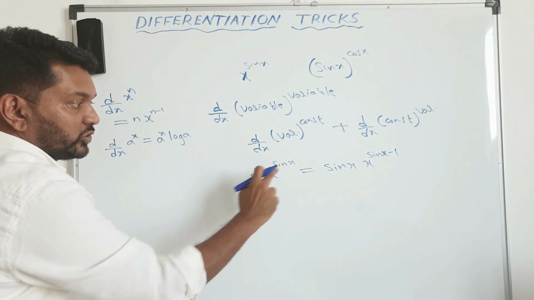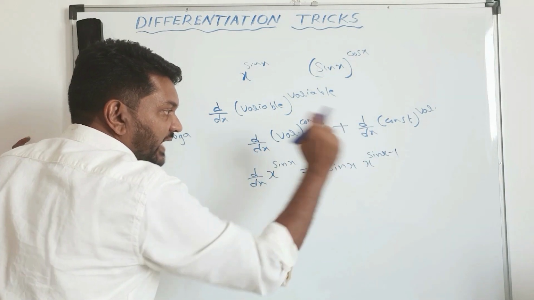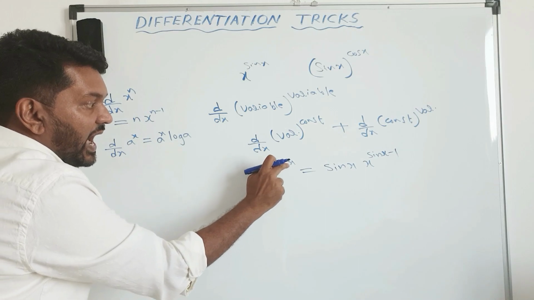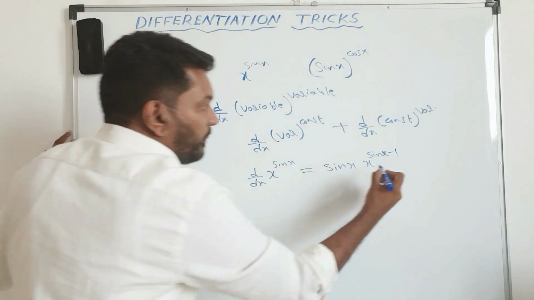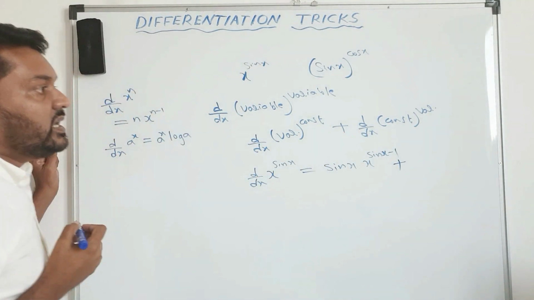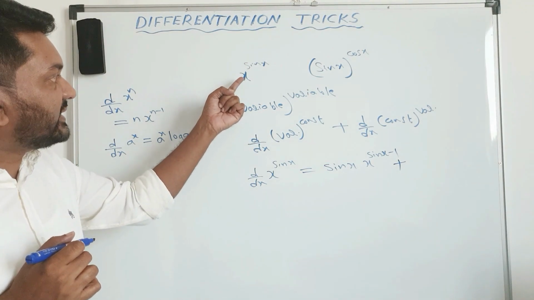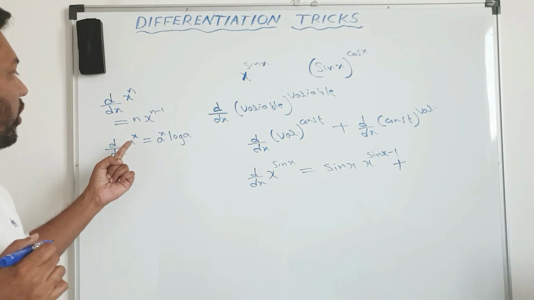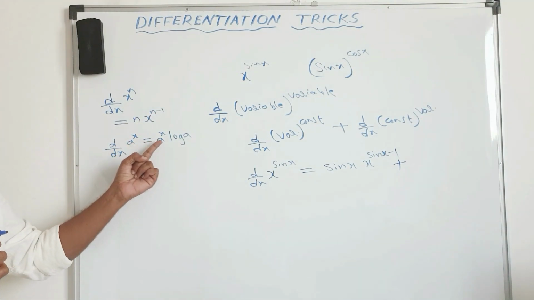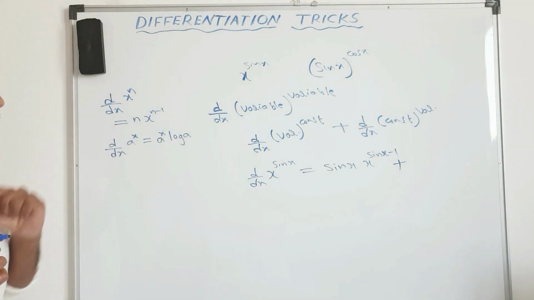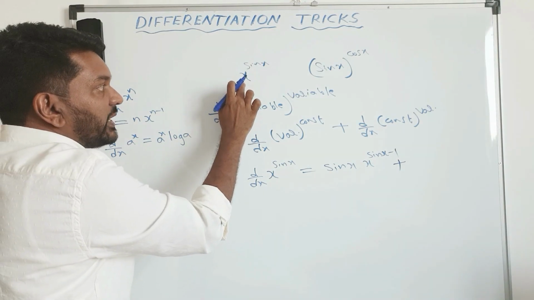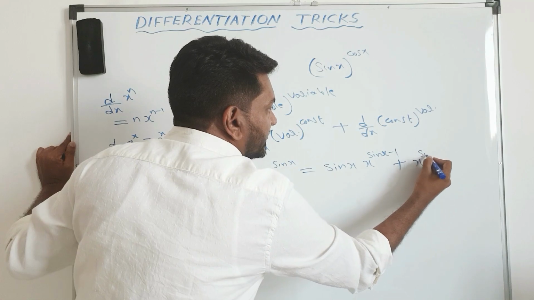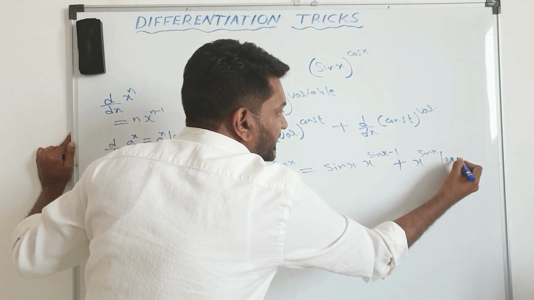I took this base as variable and power as constant. Now plus, take this base as constant and power as variable. So it will become the form a to the power x, whose derivative is a to the power x into log a. So this became x to the power sin x log x.